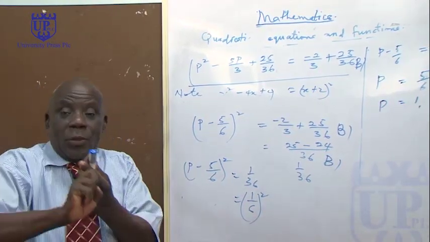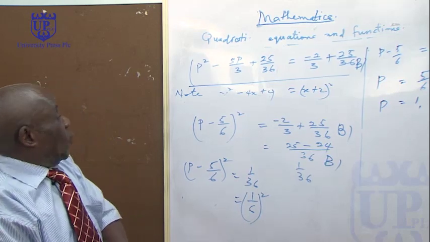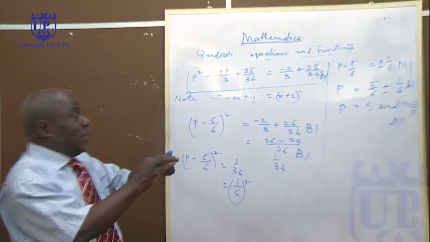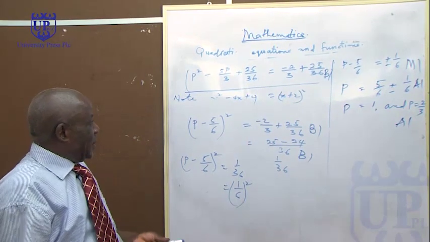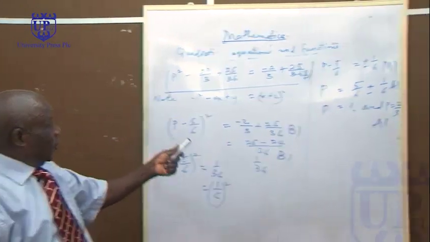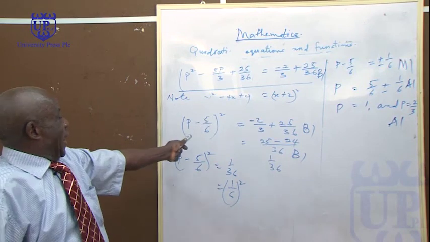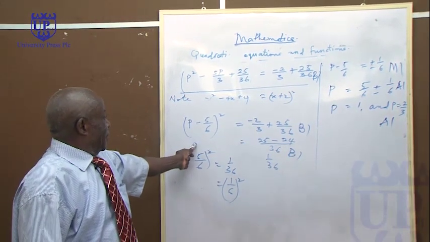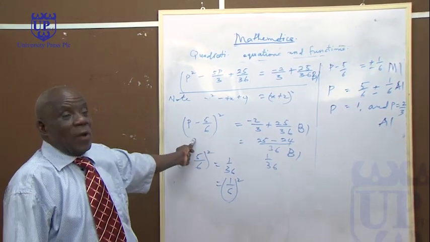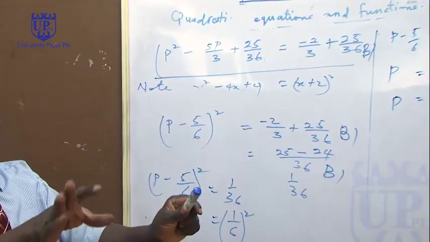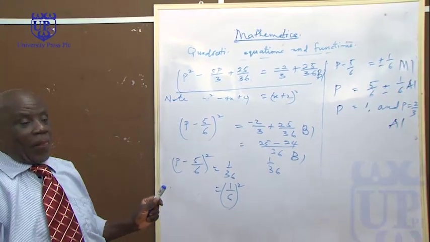The first bonus mark will be 0, because we want you to find half of the coefficient of p, but we didn't see it. You get the bonus mark of 0. For the other one here, get it to perfect squares. If it is not there, it's M0.